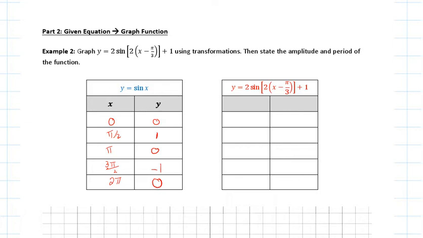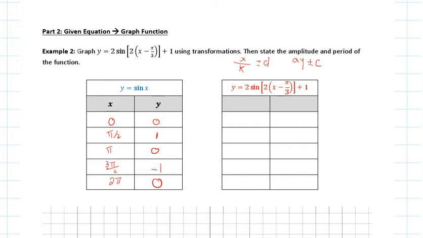I'm looking at finding the new points for the new function. As we've talked about in previous functions, we use the a, k, c, and d to find our new points. You do x divided by k, then plus or minus d, and then you do a times y plus or minus c.